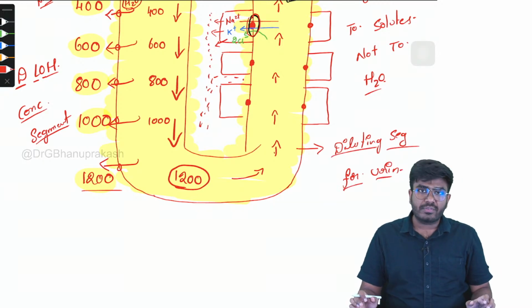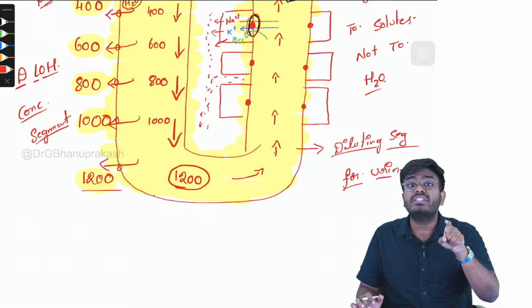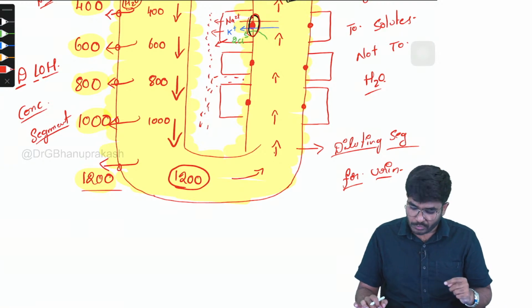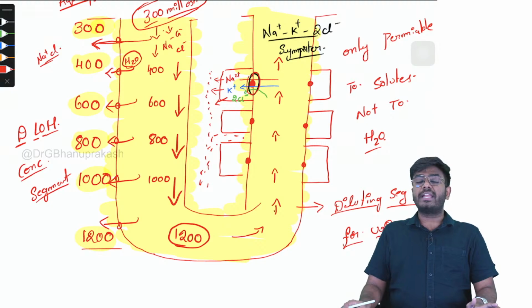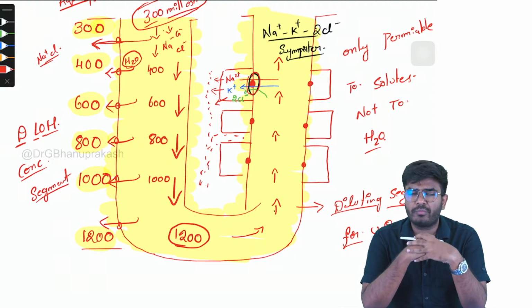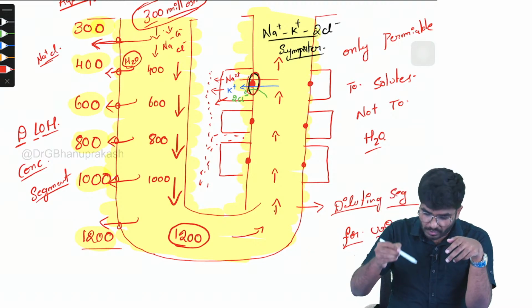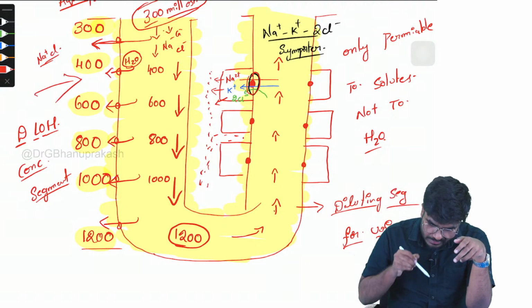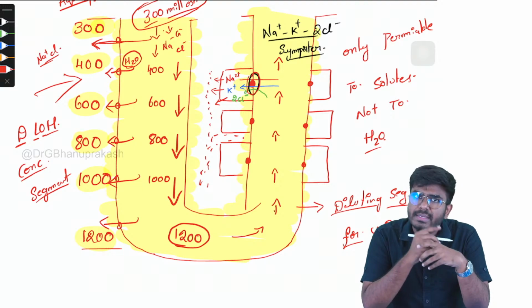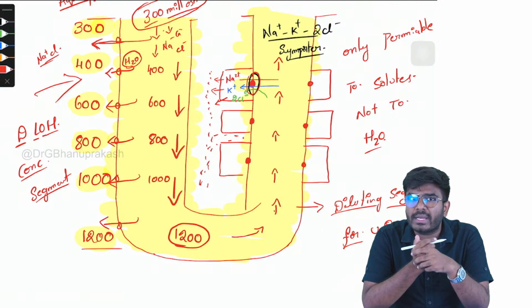Now, this is the place where examiners will try to play with you. You all know, descending limb of loop of Henle, the first part here, yes, it is a concentrating segment for urine.